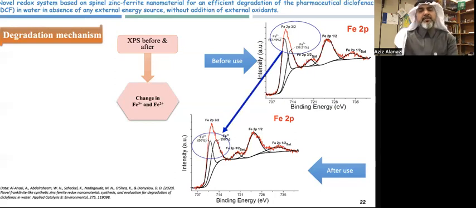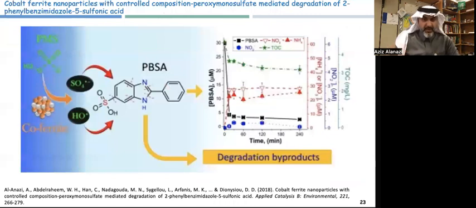In a previous paper, we developed a similar catalyst, but instead of zinc ferrite, we used cobalt ferrite in addition to peroxymonosulfate to generate sulfate radicals for the degradation of the sunscreen PBSA. These catalysts are environmentally friendly.